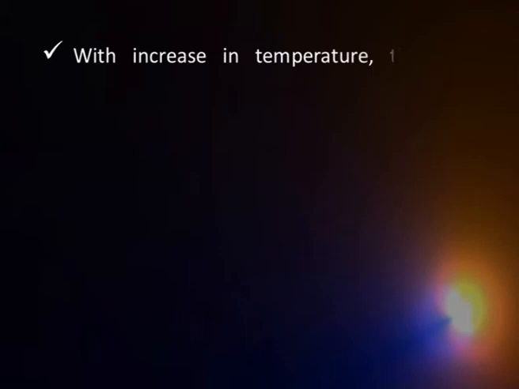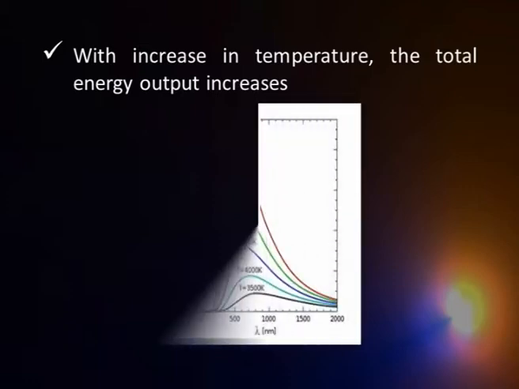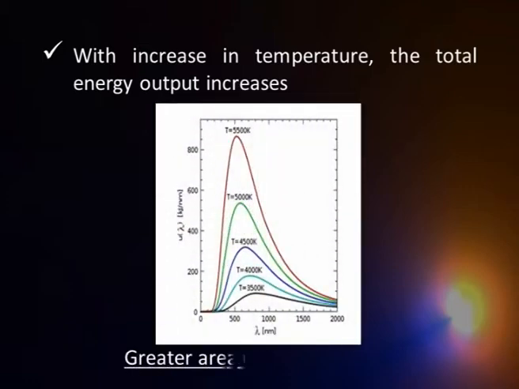There are three very crucial results that we obtain. The first one is, as the temperature of a black body increases, the amount of radiation coming off increases. This gives you some measure of the intensity or energy density, because this axis is energy density, that is, the amount of energy coming out per unit wavelength.